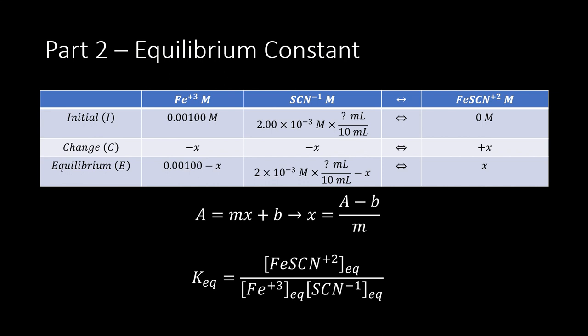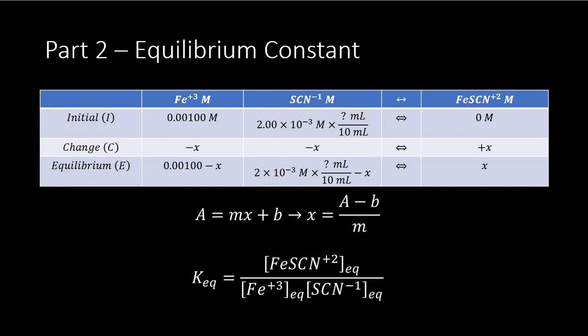Because this is a 1-to-1-to-1 reaction, the reactants that will be decreasing in concentration will be -x for the change, and iron thiocyanate will increase with +1x for our change factor. And then at equilibrium, those are just going to be the first two rows added together. So iron 3 plus, its concentration once equilibrium is established, will be 0.001 minus our x factor.